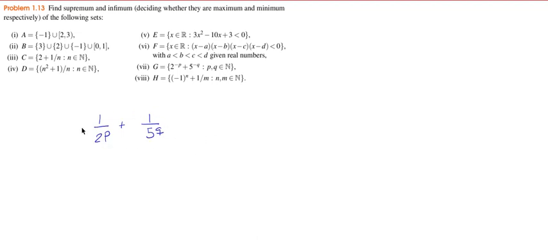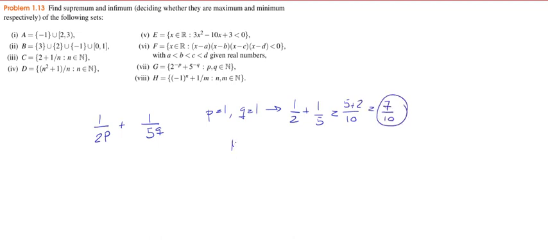So the greatest number in G is when you have p equal 1, q equal 1, and then you have 1 over 2 plus 1 over 5, and this is just 5 plus 2 over 10, 7/10. Well, this is the maximum of G, and also the supremum of G, 7/10. And as you keep increasing p and q, both of these will be going down until you get to 0, which is the infimum of G.